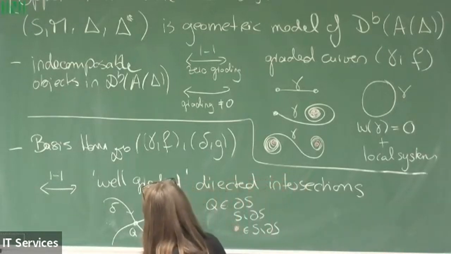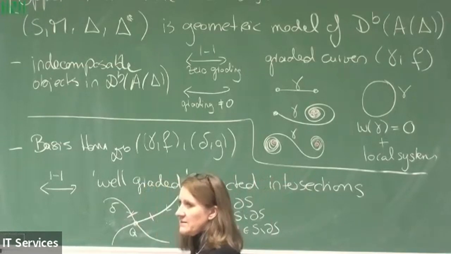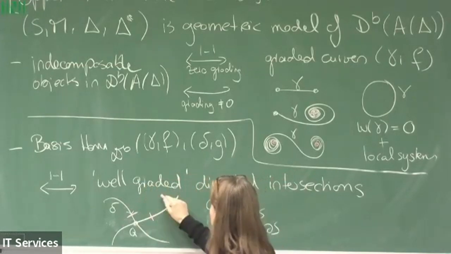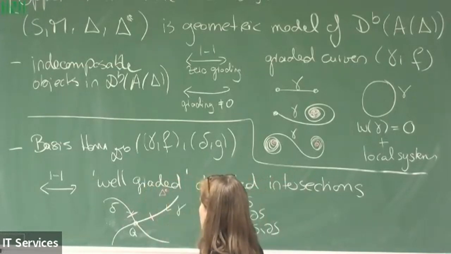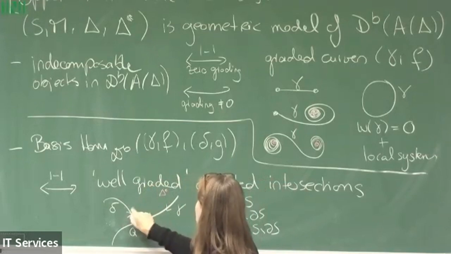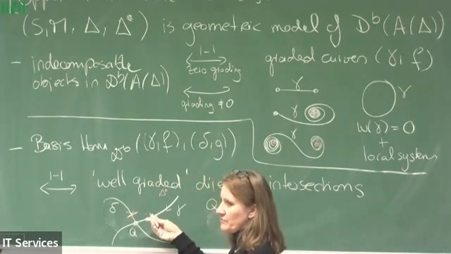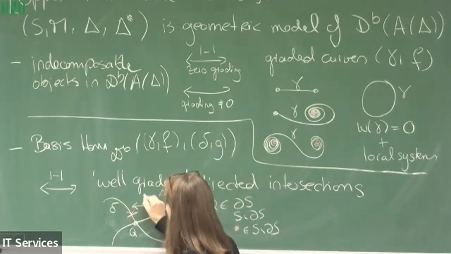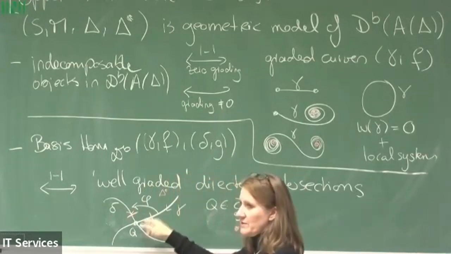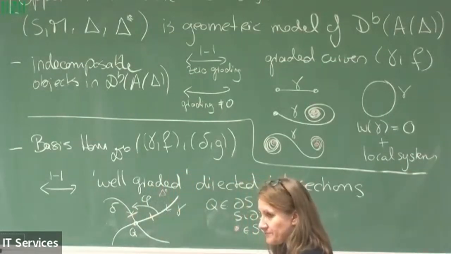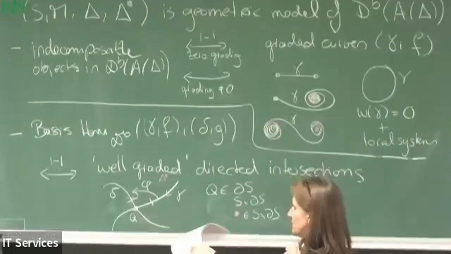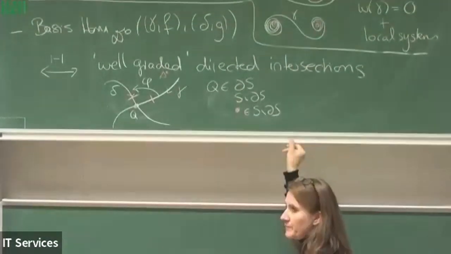And then we look at the first crossing with this dual dissection delta star, and if the grading agrees in a certain way, then we have a map. But each crossing does give rise to a map. There exists some grading such that this is a map.